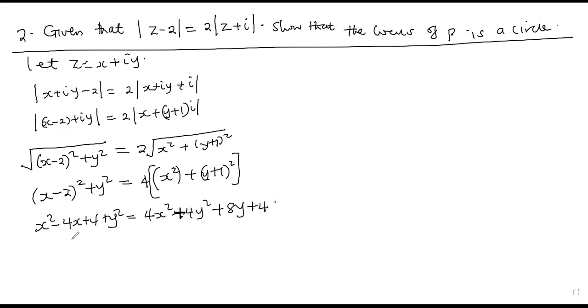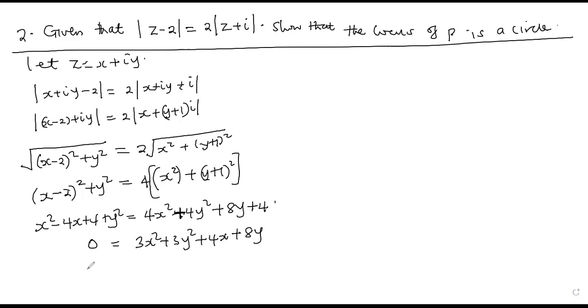All right. So working on this, we bring everything this side. So 0 is equal to 3x squared plus 3y squared plus 4x plus 8y. A 4 and a 4 will cancel, right?